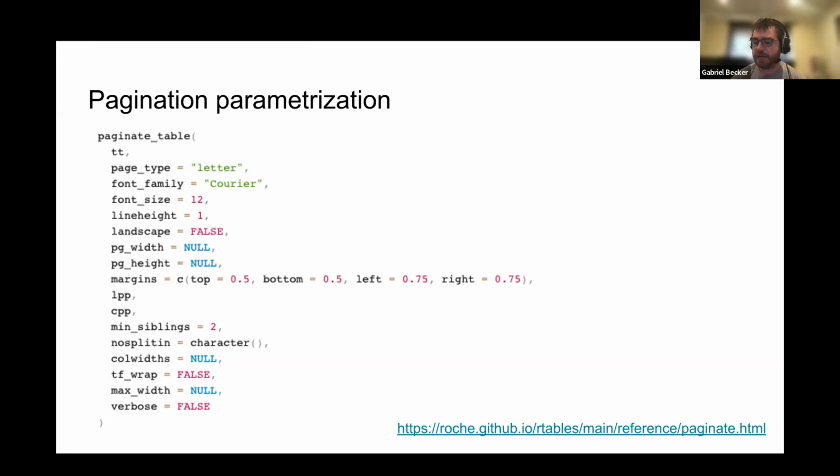So we won't paginate right before the very last sibling by default, although you can see that's an argument that you can specify. You can tell it that you don't want to break in certain things. And then TFREF, that's to turn on the title footer wrapping. Go ahead, Adrian.